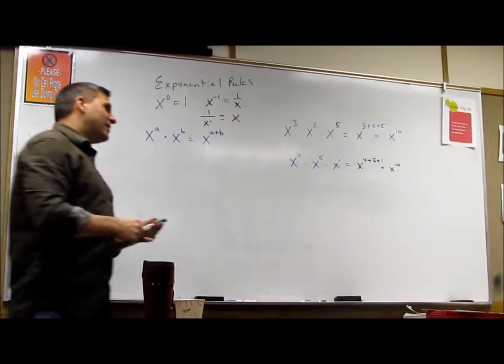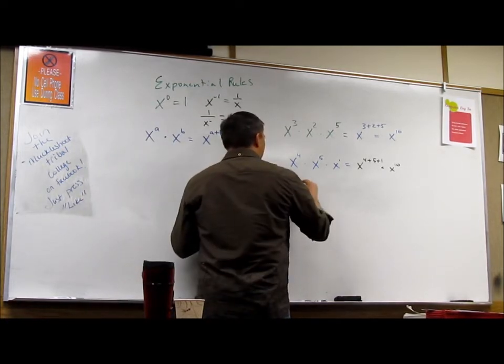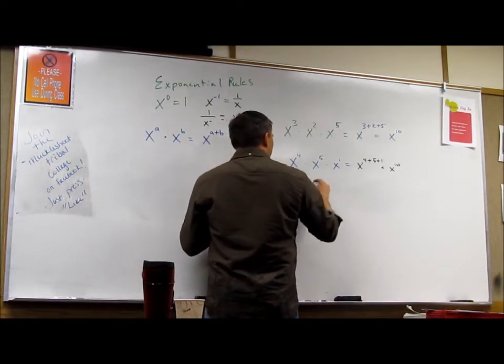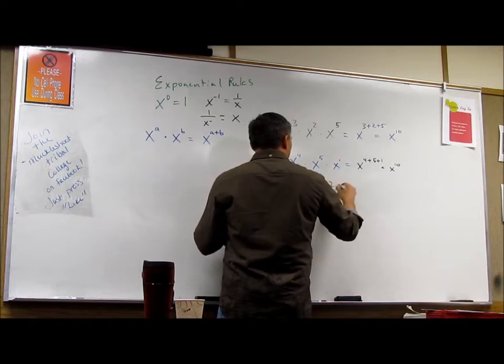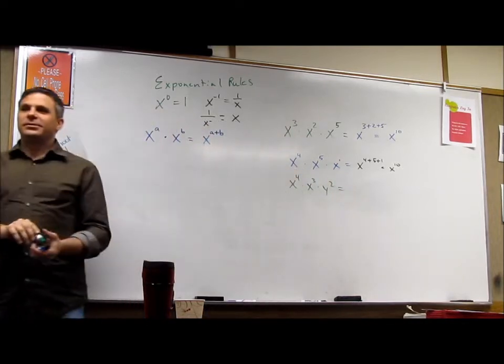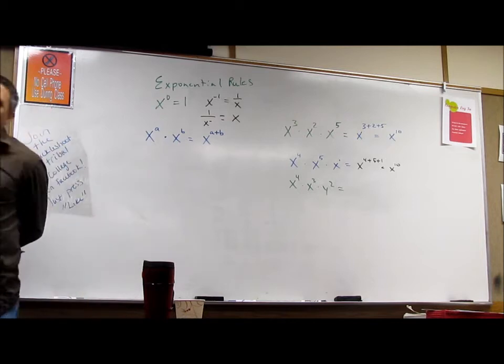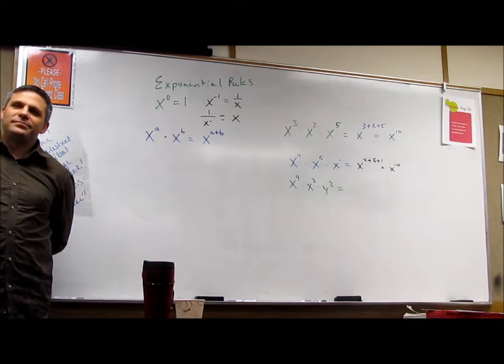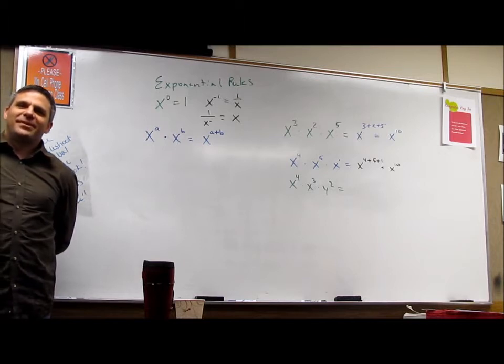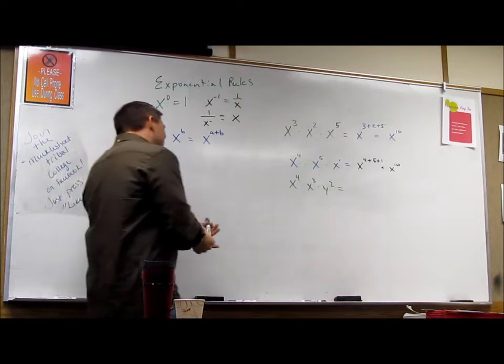X to the 4 times x to the 3 times y squared. Now what is it? X to the 7th y squared? Yes. So you remembered.